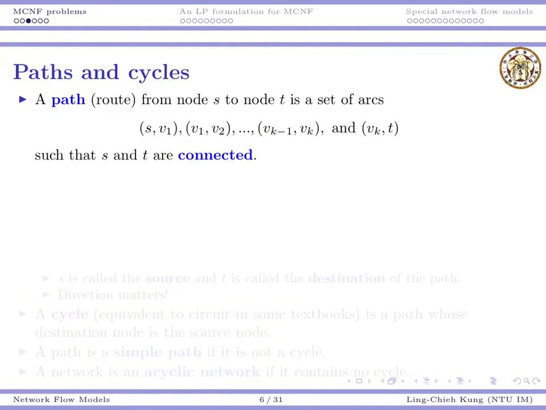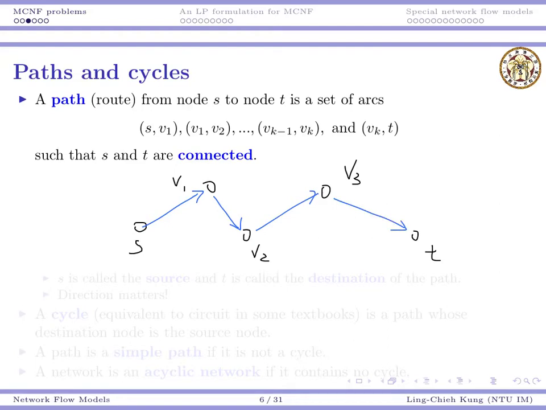A path or a route from node S to node T is a set of arcs, one arc, two arcs, up to the last arc. Together, they form a path from S to T. So as an example, suppose here we have 5 nodes, S, V1, V2, V3, and T. Then a path in this case is simply the collection of these 4 arcs.